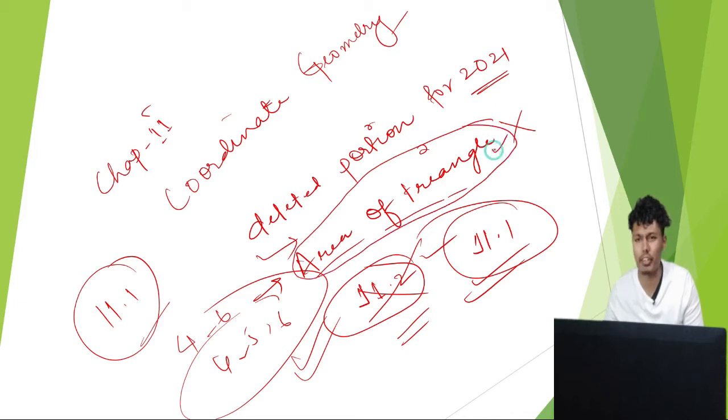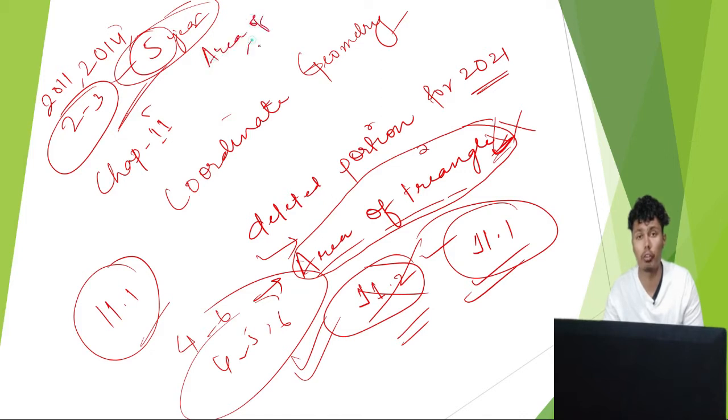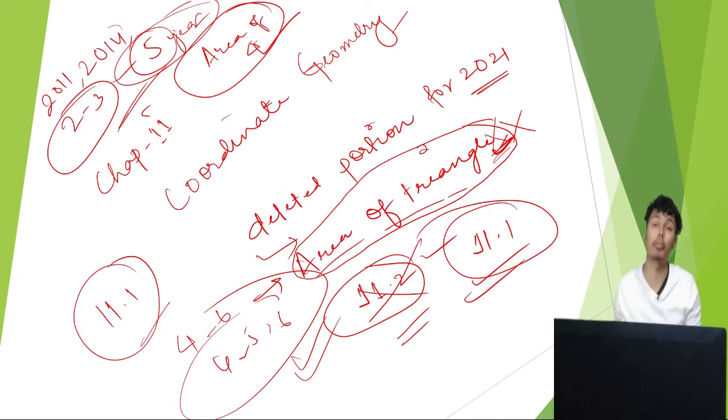They asked this in 2011, 2014 or 15, and 2016, 2017, 2 or 3 times within 5 years. But this portion is deleted. So let us see the remaining portion. What is there for us to learn?